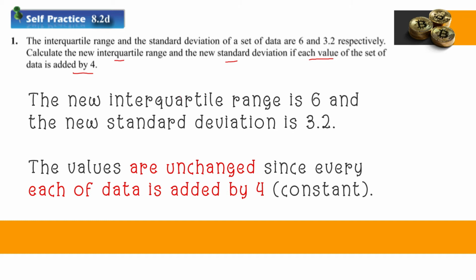Because the values are unchanged since each piece of data is added by 4, which is a constant. So please remember, when a constant is added or subtracted to each value of a set of data, the interquartile range and the standard deviation will be unchanged.